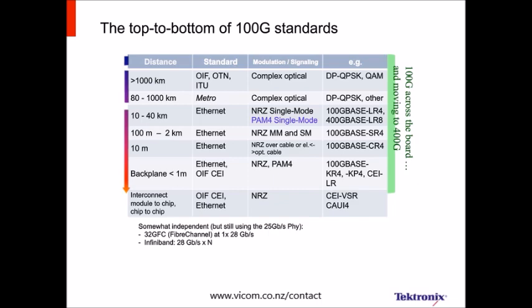Of course, in the sort of 100 meter to 40 kilometer range, I think is really where you see Ethernet dominate. But then as we continue to go to shorter links, for example, chip to module, chip to chip, once again we see the Optical Internetworking Forum involved, both here as well as at the longer distance links.